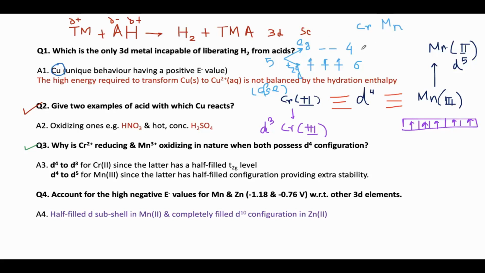But in case of chromium, because it has lower charge density, it will release the electron and go to the stable D3 configuration. The same will not be applicable for manganese. Manganese 3 will take up the electron to make this D5 half-filled stable configuration. So that is the reason why, despite having the same electronic configuration, that is D4, chromium 2 is a reducing agent, but manganese 3 is a very strong oxidizing agent.